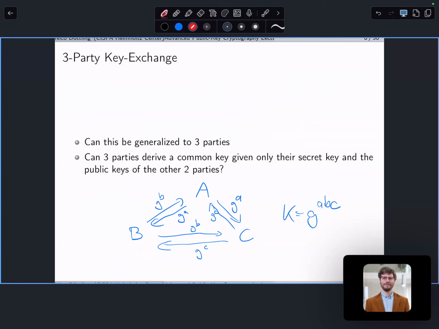If we set the key to be g to the a plus b plus c, then someone who just observes what goes over the channel could compute this.